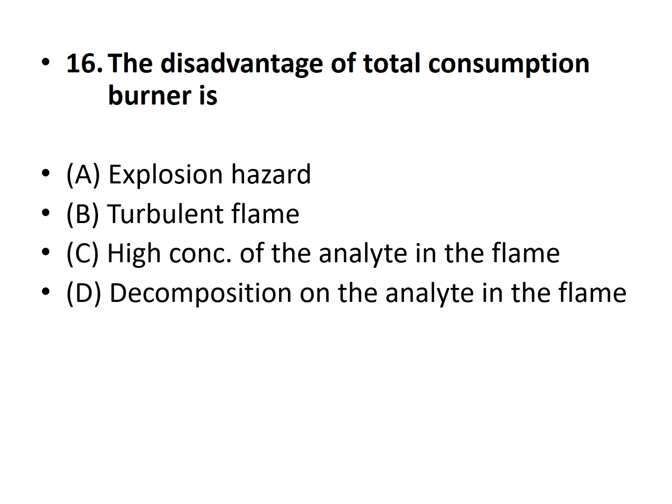Now B and C seem to be quite appropriate answers, but if we compare, it is B, turbulent flame. Turbulent flame means which is not stable. So this seems to be the right answer. Yes, B, turbulent flame is the right option here. This is the actual disadvantage of total consumption burner.